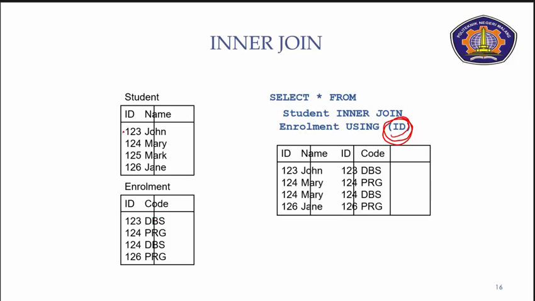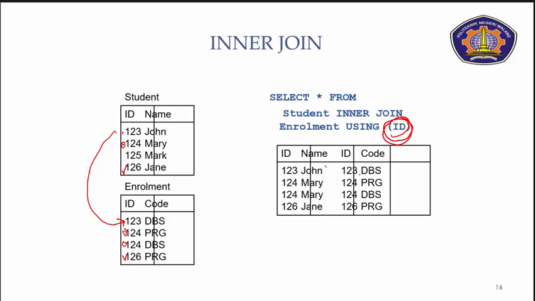If you see 1, 2, 3 here, and then 1, 2, 4 here, and we have 1, 2, 4 here again, 1, 2, 5 we don't have, and 1, 2, 6 we do. So you can see the result for 1, 2, 3: it will combine with 1, 2, 3 Jones and 1, 2, 3 DBS.